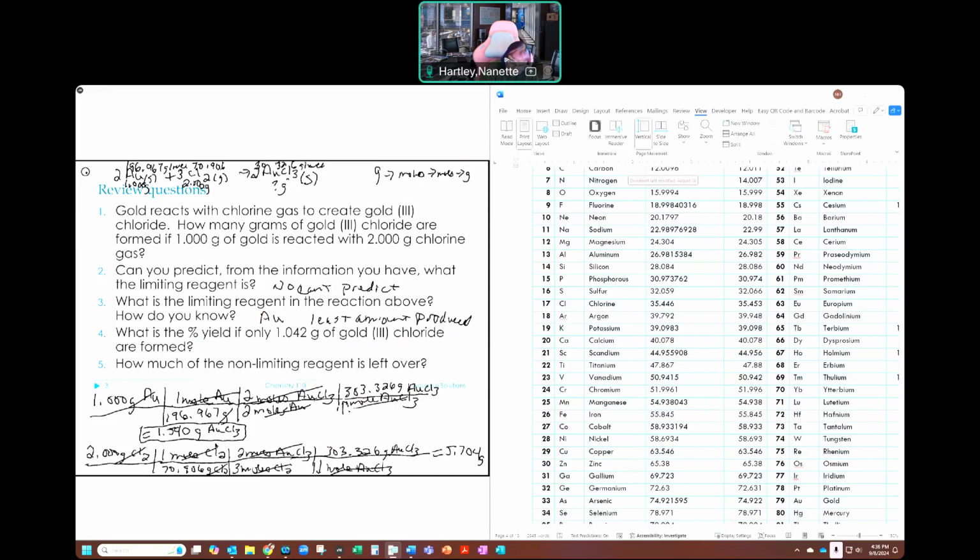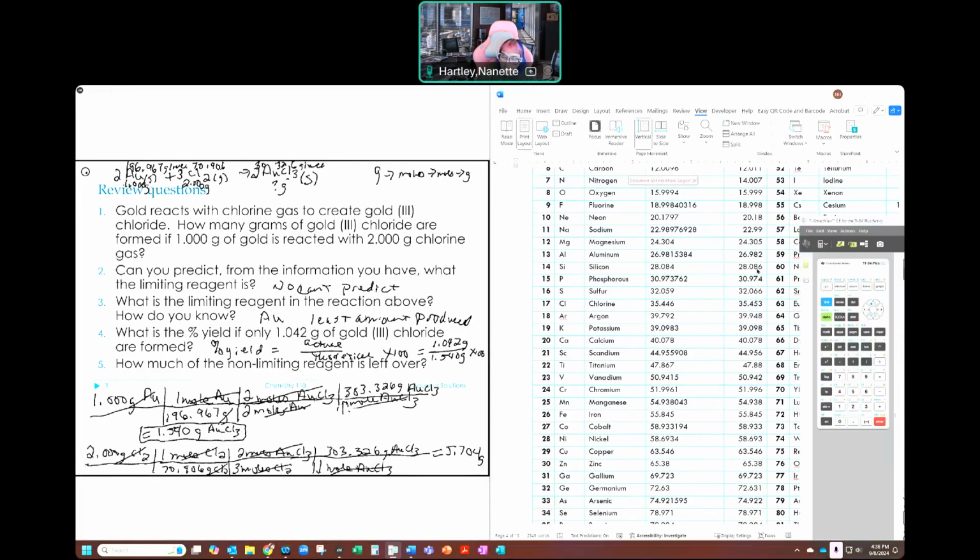And my percent yield is going to be equal to my actual over my theoretical, times 100. That's how we define that. So my actual yield is given as 1.042 grams divided by the theoretical 1.540 grams, and then times 100.